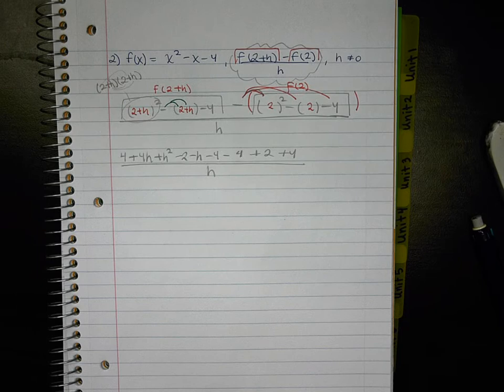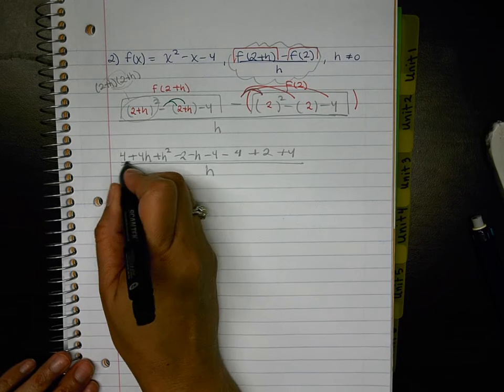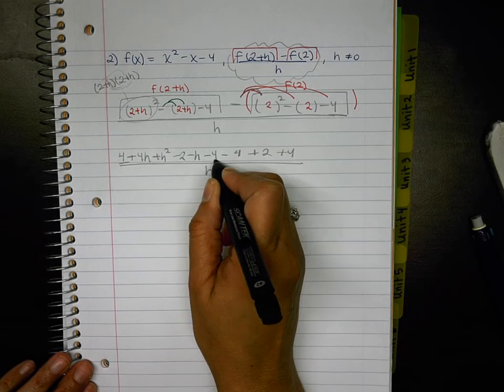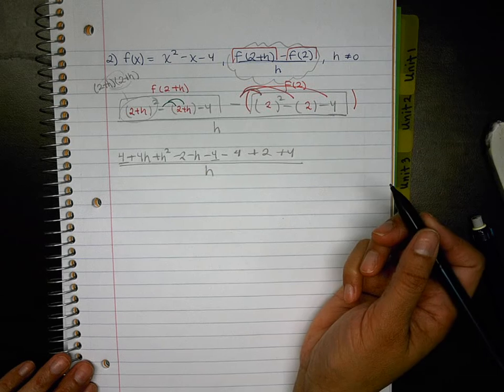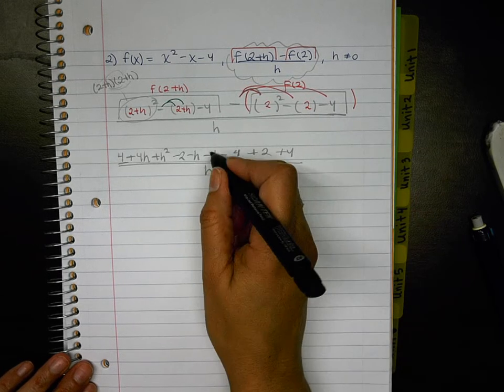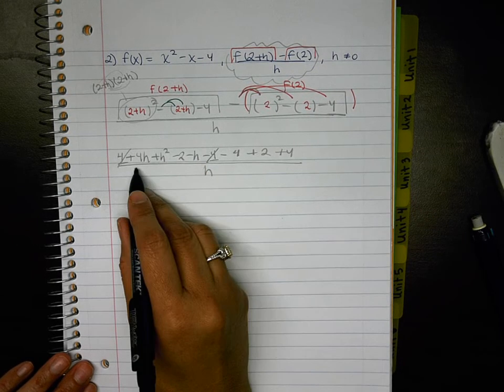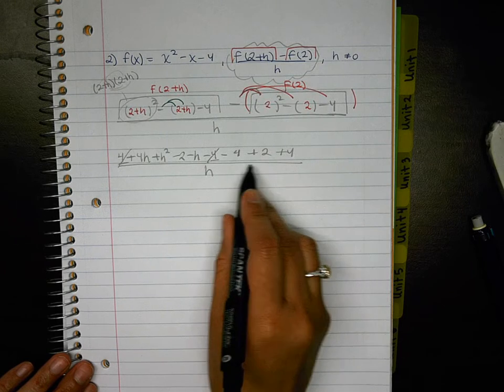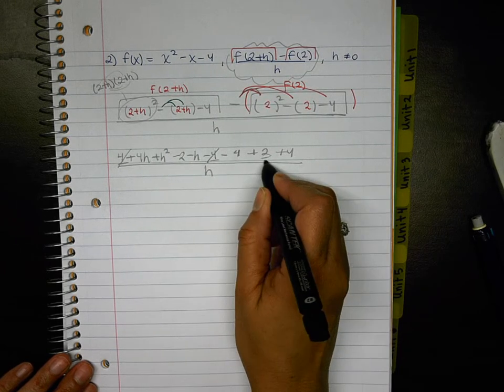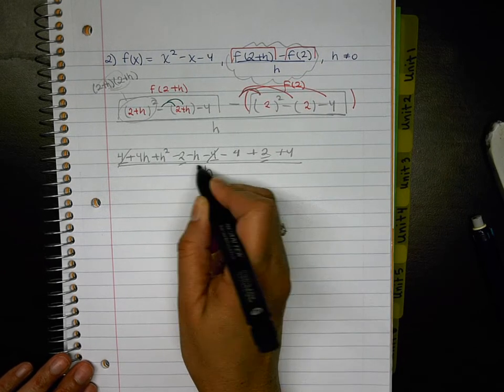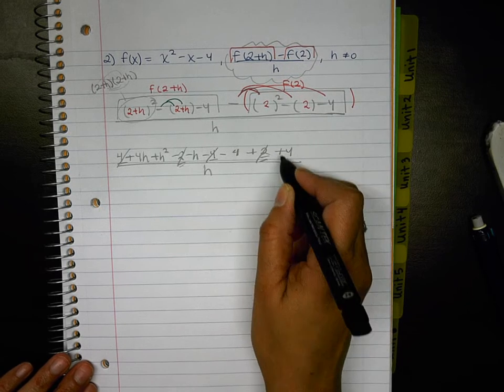All right. What happens with the 4s? This 4 and this negative 4, does that cancel out? Okay, 4h doesn't. Do the 2's cancel out? Do these 4's as well cancel out?